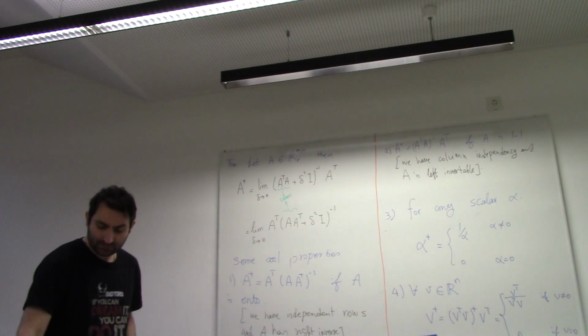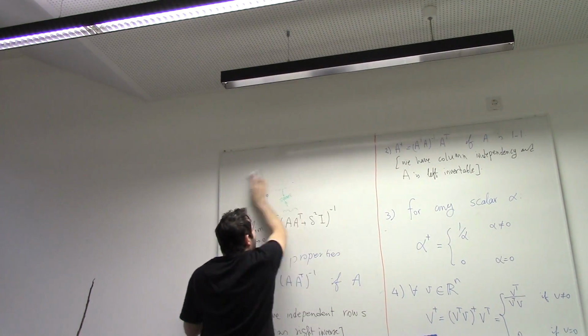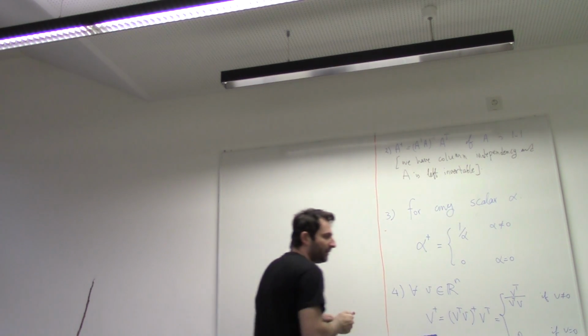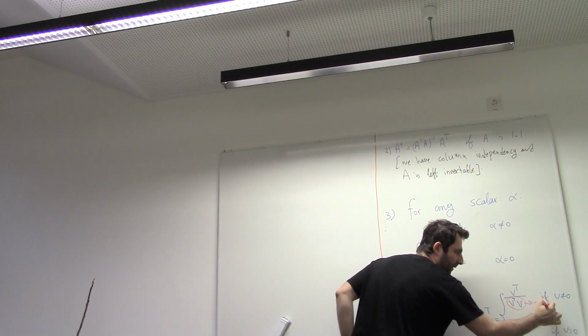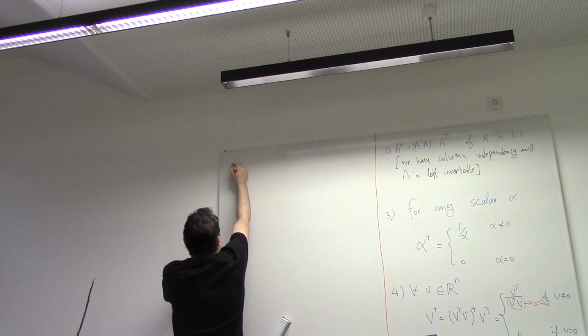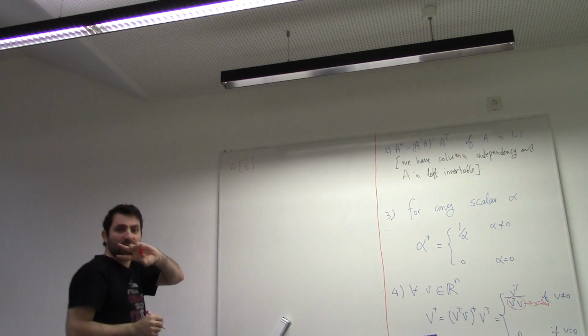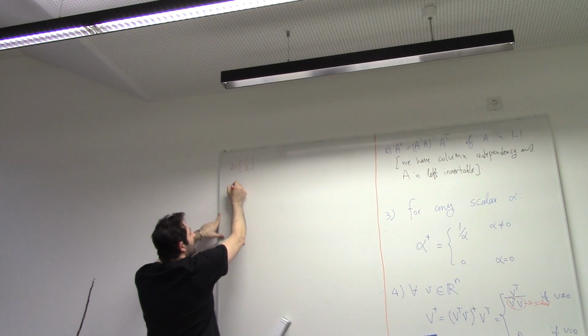Previous example that we had. Remember this is a scalar, this is a number. Previous example, A was 1, 2, right? Let's see how we calculate A plus.